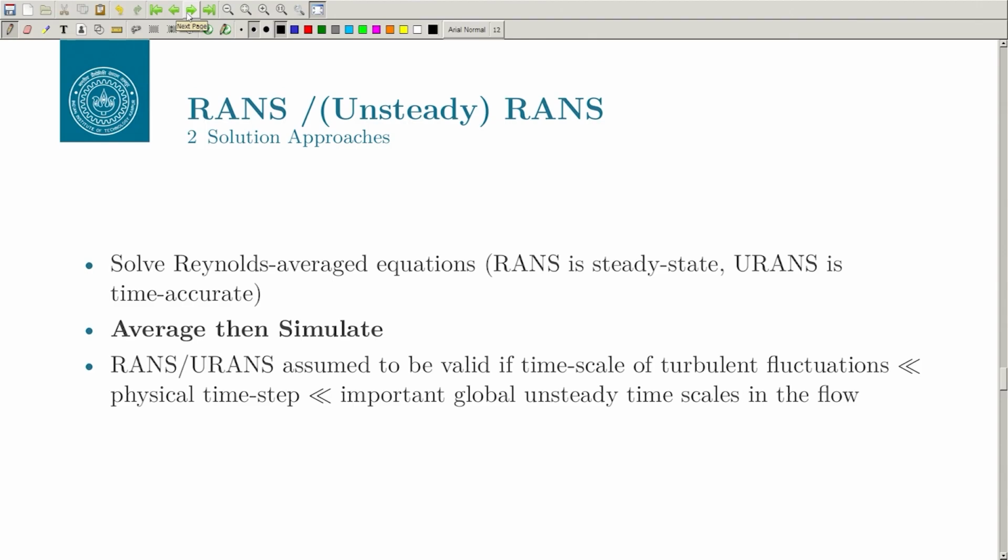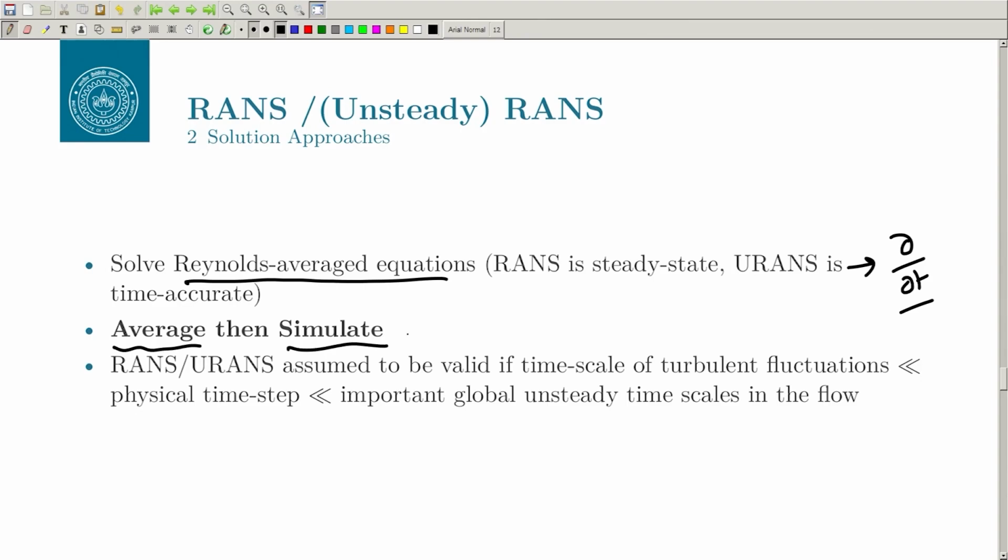So, RANS as we know is steady state, and URANS is basically unsteady RANS. So, we are still solving the Reynolds averaged Navier-Stokes equation, except that you have the d by dt term also there. So, in RANS and URANS we are solving the averaged Navier-Stokes, but you will have the d by dt term. In the RANS case, because we are solving the Reynolds averaged Navier-Stokes equations, we basically first average and then simulate.